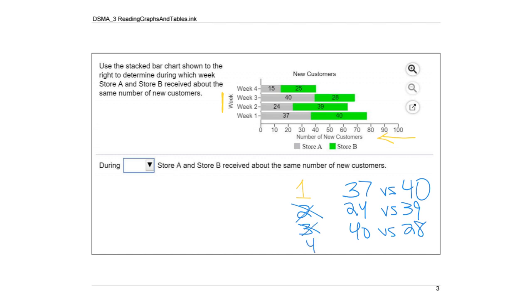And then finally, week 4, we have 15 versus 25. So I would say week 1 is when store A and store B received about the same number of new customers. So hopefully you see I'm grabbing those numbers right from the bar. The first column here are the gray bars, so the numbers inside the gray bars. The second is inside the green.